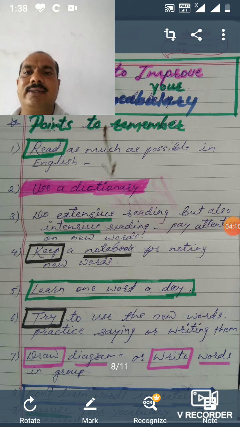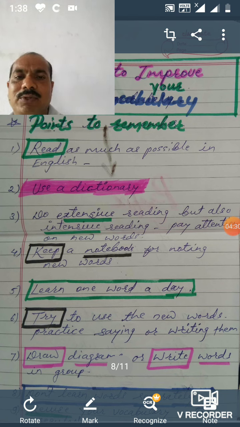Third, do extensive and intensive reading and pay attention to new words. Intensive and extensive reading means we have to see the vocabulary carefully in the words and in the sentences. It means we have to read carefully.